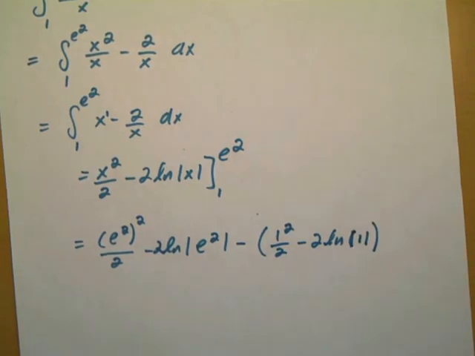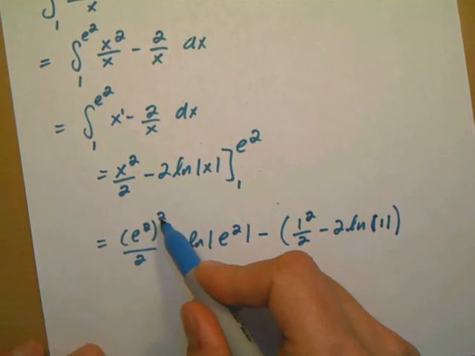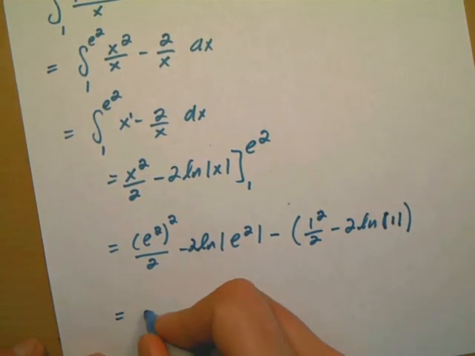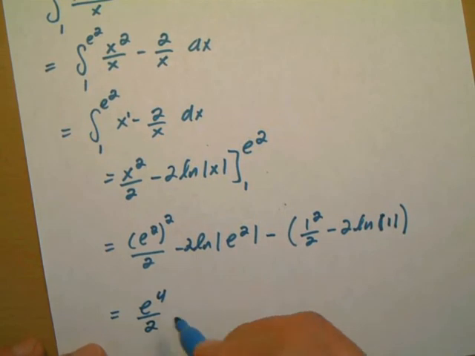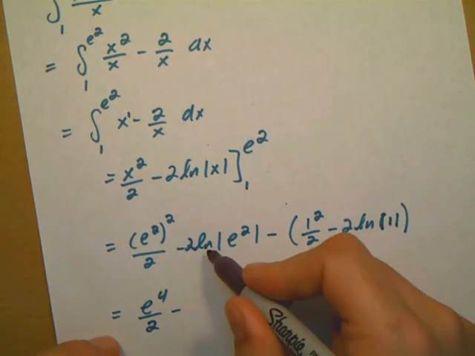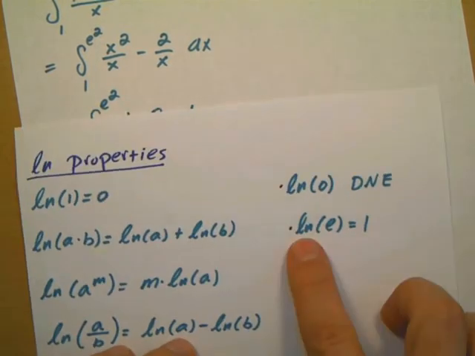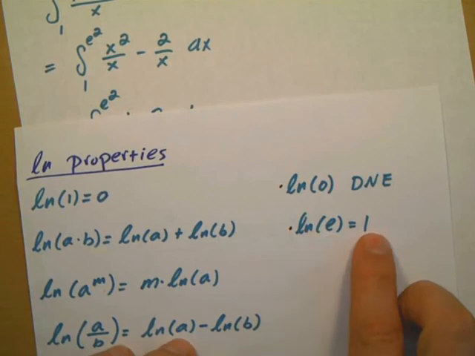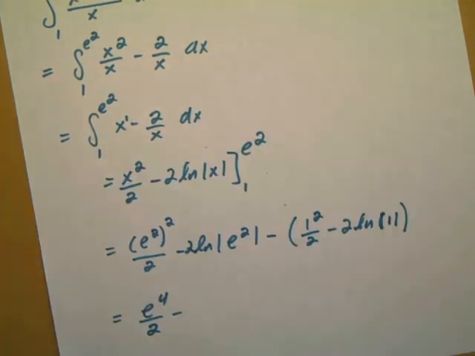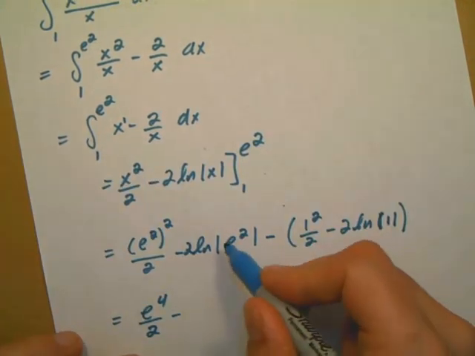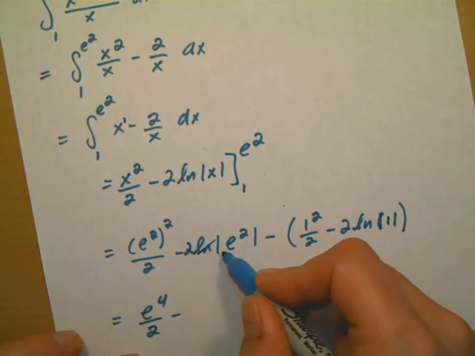And then from here it's just a matter of simplifying. E squared squared, so power to a power you multiply, so it's e to the 4th all over 2 minus the ln and the e cancel off. They're inverses, they undo each other. So ln and e based on this property just becomes 1. But this exponent drops down.